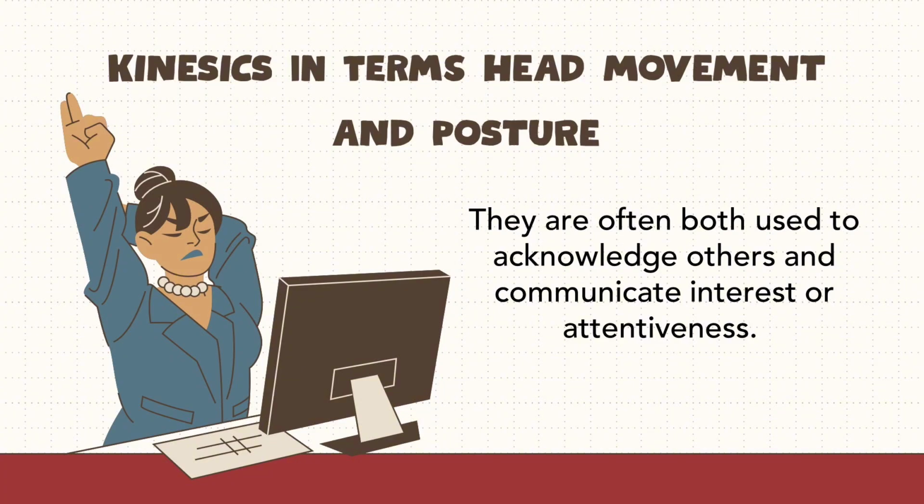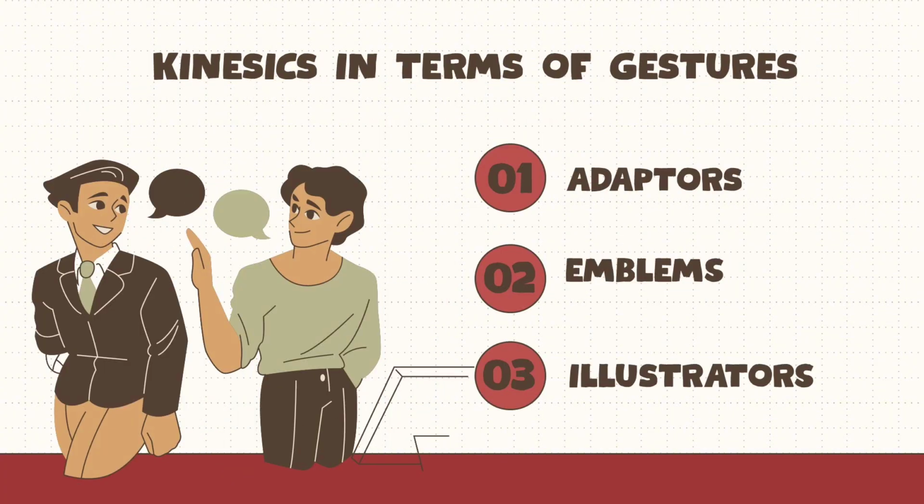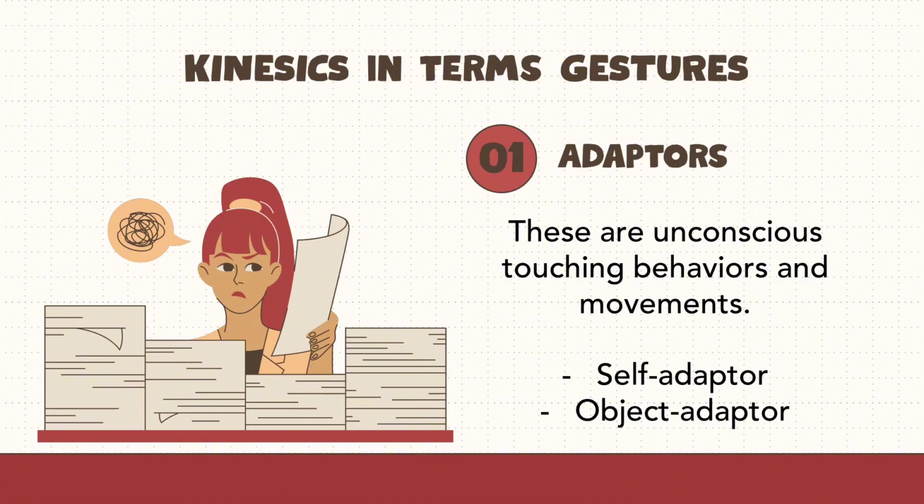Kinesics in terms of gestures has three categories. First, adapters. Second, emblems. And third, illustrators. First category, adapters. These are unconscious touching behaviors and movements. It can be a self-adapter or object adapter.